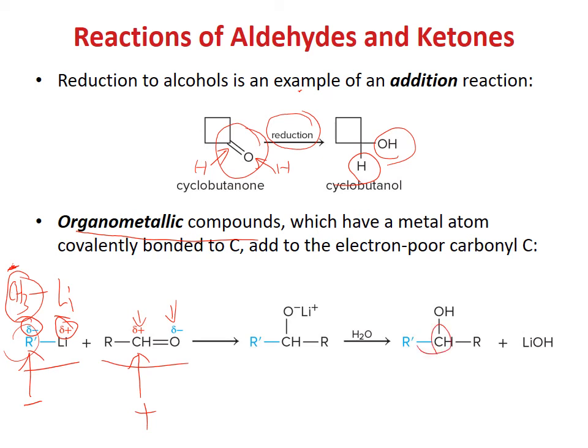This is the carbonyl carbon, which bonds to a new carbon that comes from the organometallic compound, and the oxygen becomes an alcohol. So ketones and aldehydes react with organometallic compounds and form an alcohol, and the molecule becomes larger because the organometallic alkyl group goes to the carbonyl carbon. The product is an alcohol.